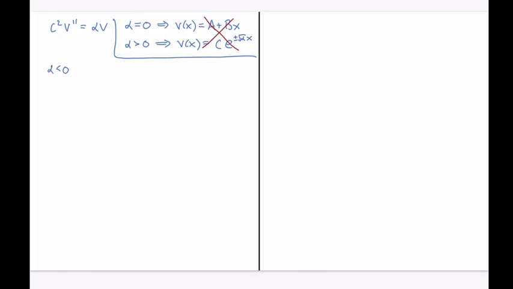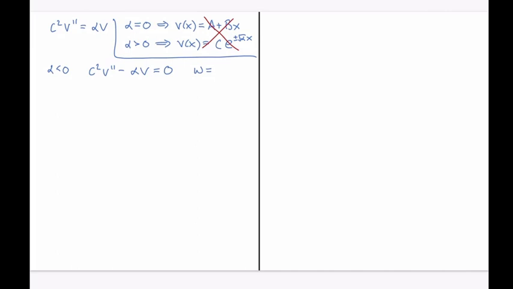We've got c squared v double prime equals alpha v, but remember that's negative. Actually, let's flip it over to the other side right here. So that's now going to be a positive. This is a positive coefficient in front of the v equals 0. And when we have a positive coefficient like that, we get a frequency, and I'll just call it omega for now.